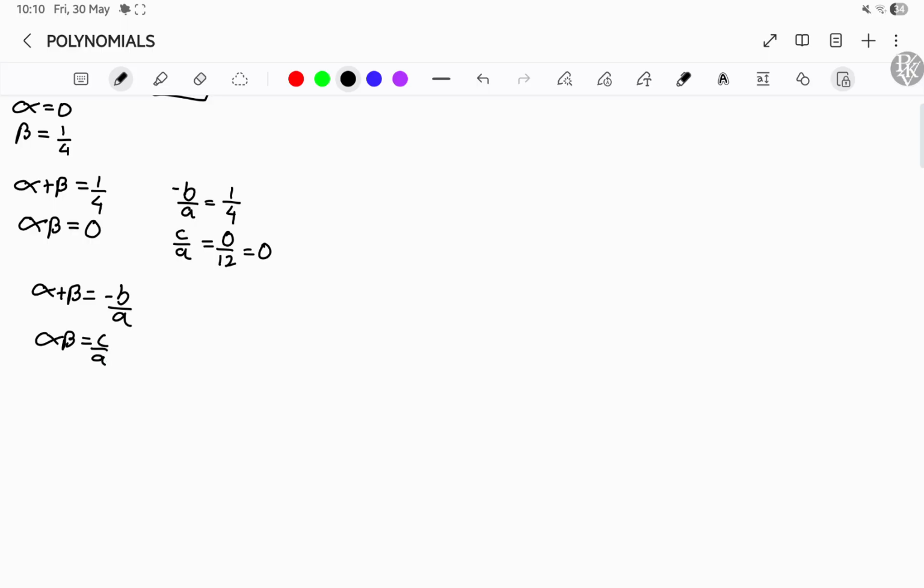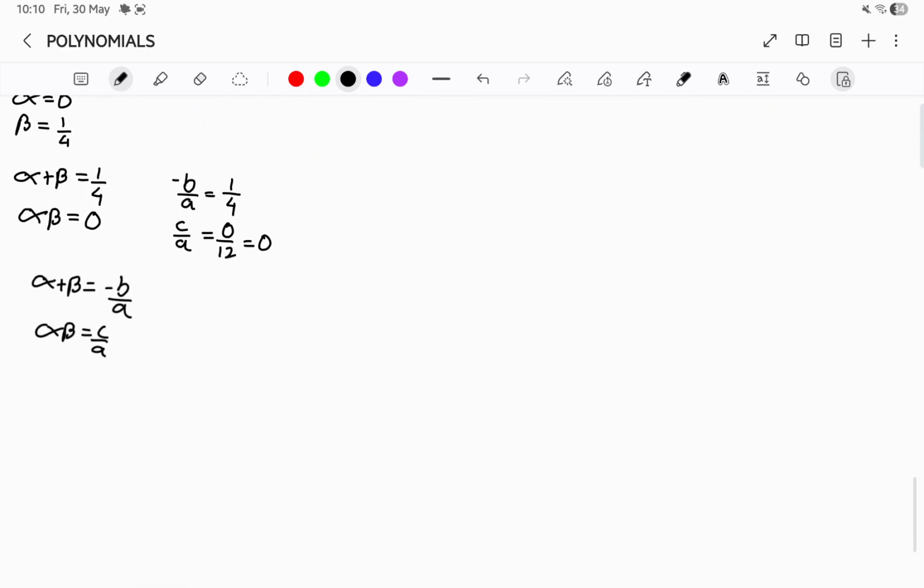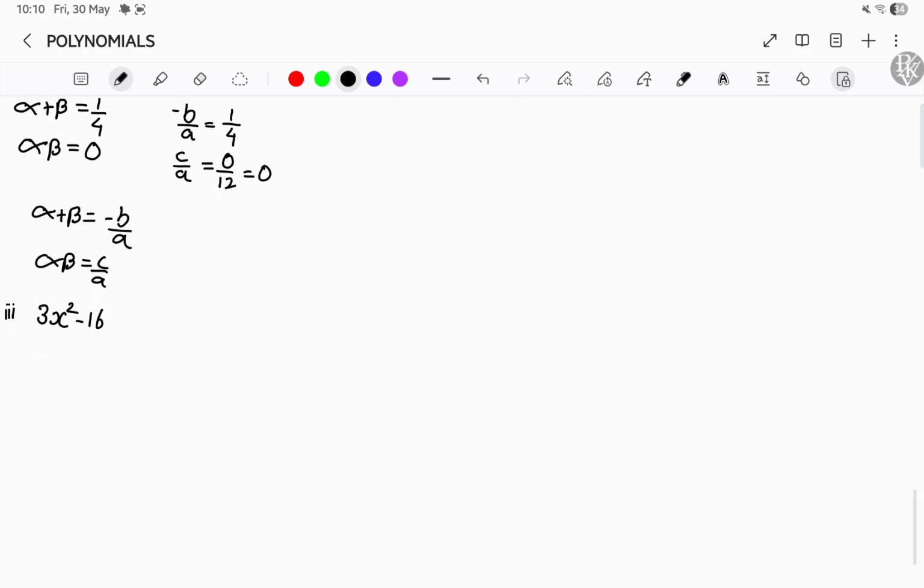Now there's just one more type, something like 3x square minus 16. Here b is equal to 0.